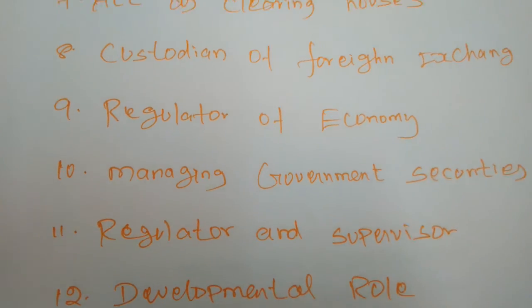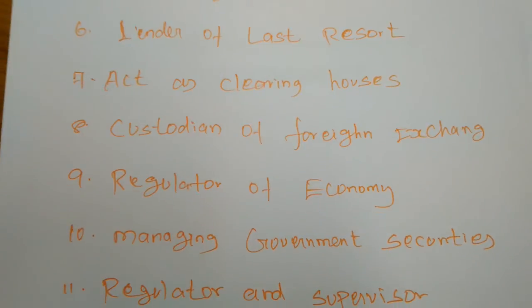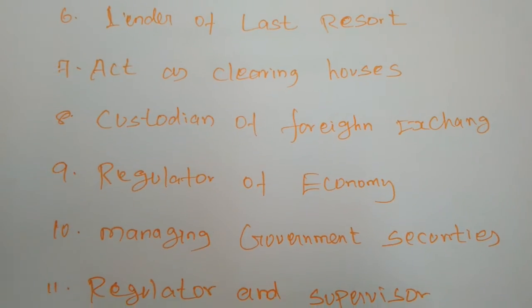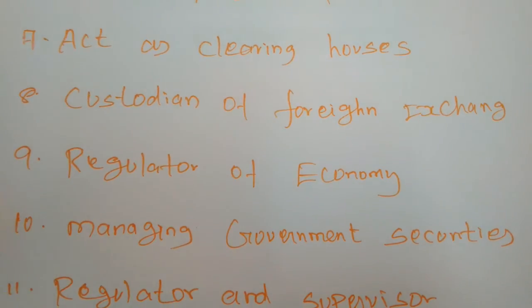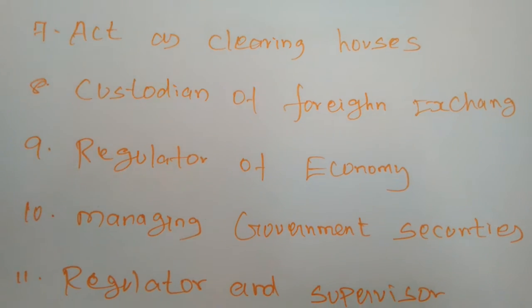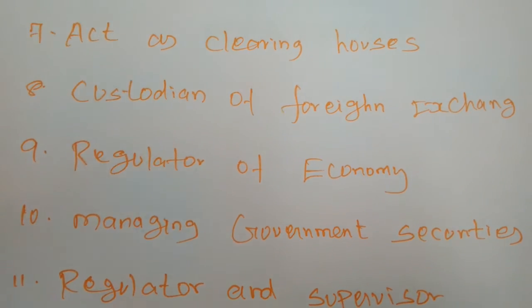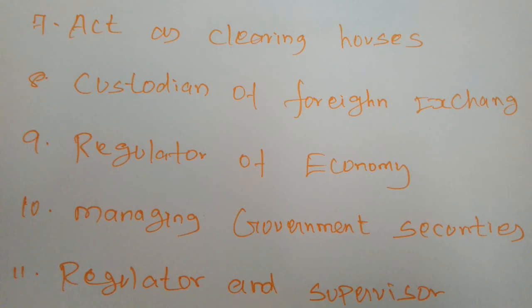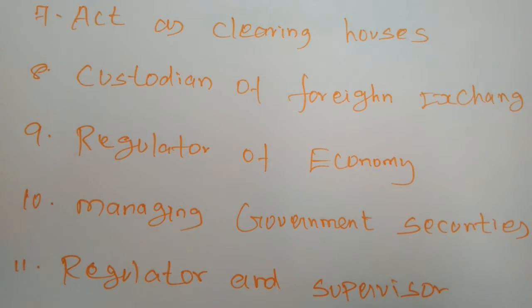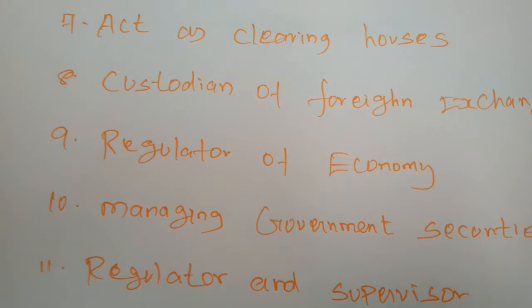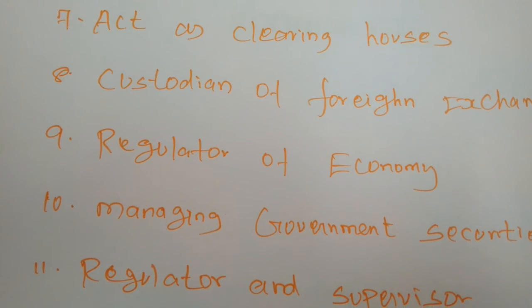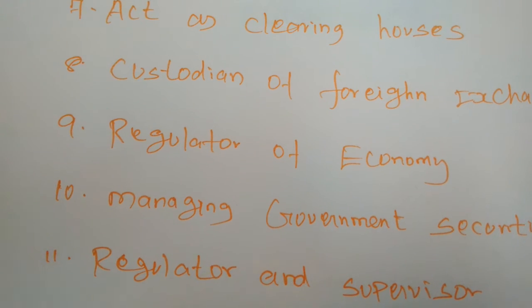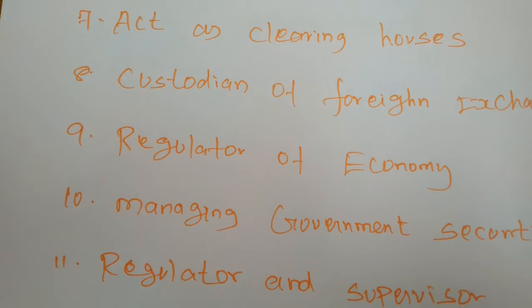Next, custodian of foreign exchange. Custodian of foreign exchange means the Reserve Bank of India protects and maintains the foreign exchange. The Reserve Bank of India acts as custodian of forex. Forex means foreign exchange. It administers and enforces the provisions of the Foreign Exchange Management Act, simply called FEMA.